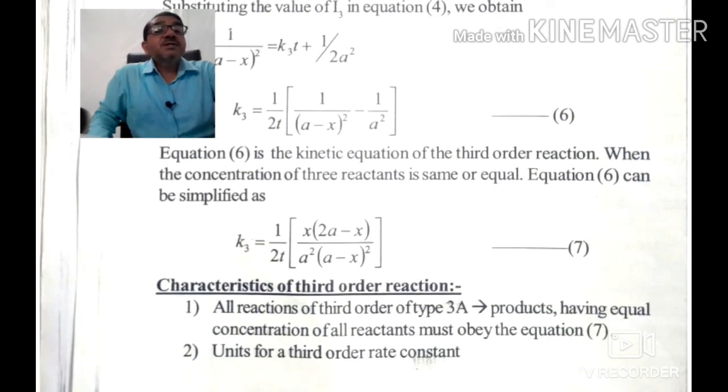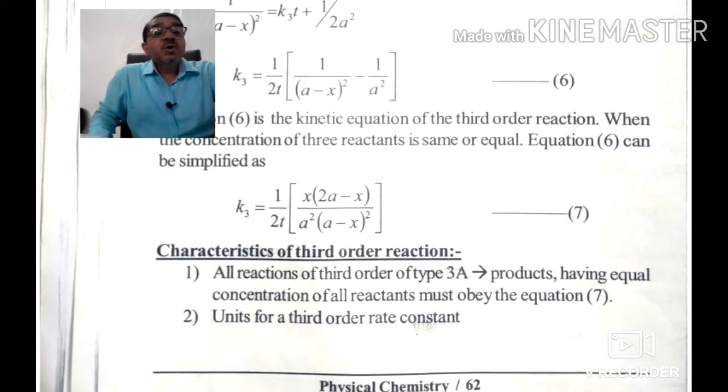Now let us see the characteristics of third order reaction. All reactions of third order of type 3A gives products having equal concentration of all reactants obey equation number 7.